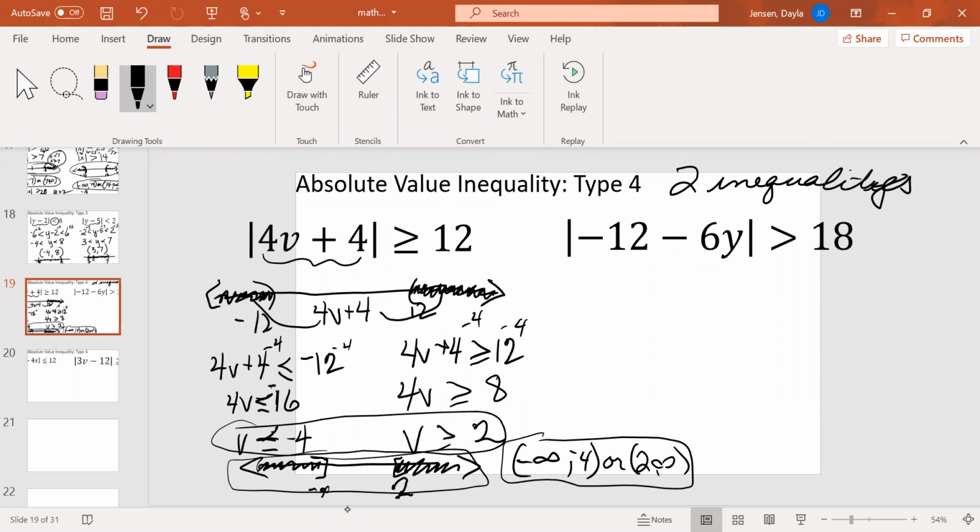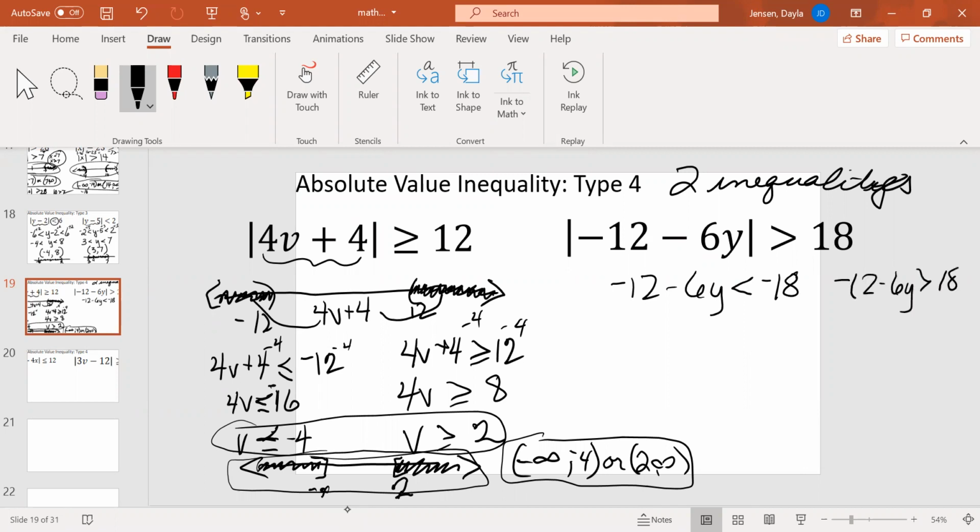So over here, if it's greater than, I need 2 inequalities. So -12 minus 6y is less than -18, because I want it to be further than 18 units away. And -12 minus 6y has to be greater than +18.